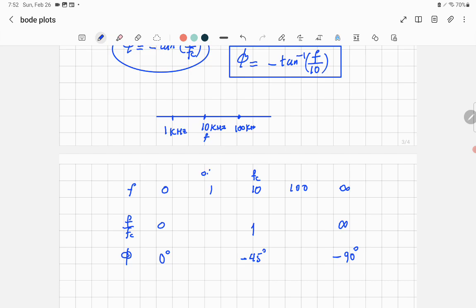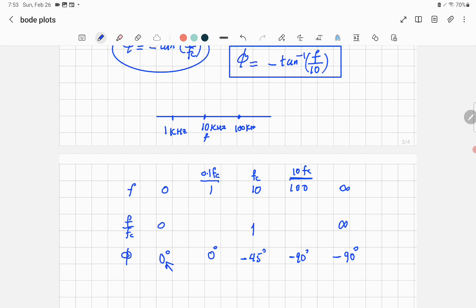Remember, this is equal to 0.1 fc, and that's 10 fc. So at 0.1 fc, it starts with the value that you calculate at 0, which is 0. And then when you multiply the corner frequency by 10, it will take the value that you calculate at infinity, that will be negative 90.